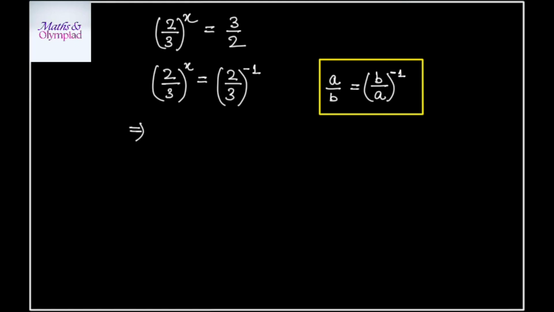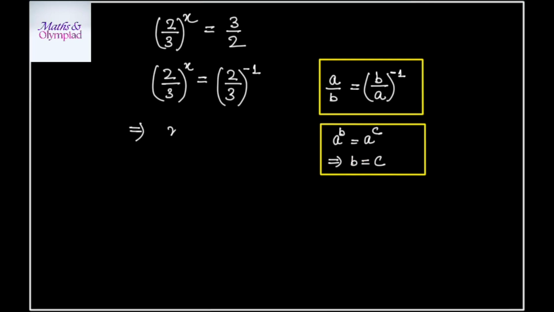Now, since bases are same, we can equate the powers. A raised to the b equal to a raised to the c. This implies b equal to c. So here we can write x equal to minus 1. So we have got our first solution.